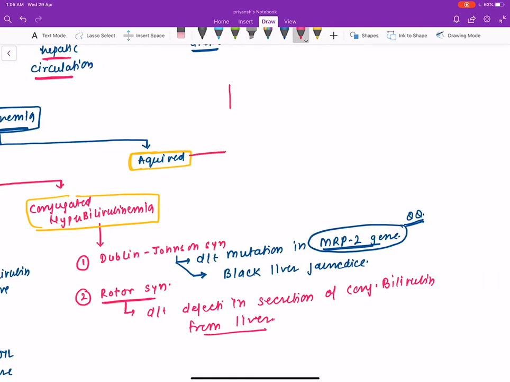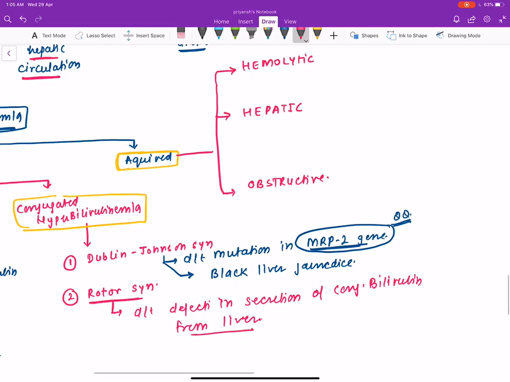So these causes are divided into three categories. The first category is called hemolytic jaundice or hemolytic hyperbilirubinemia. The second category is called hepatic, and the third is called obstructive. There are three conditions in the acquired that can lead to jaundice.